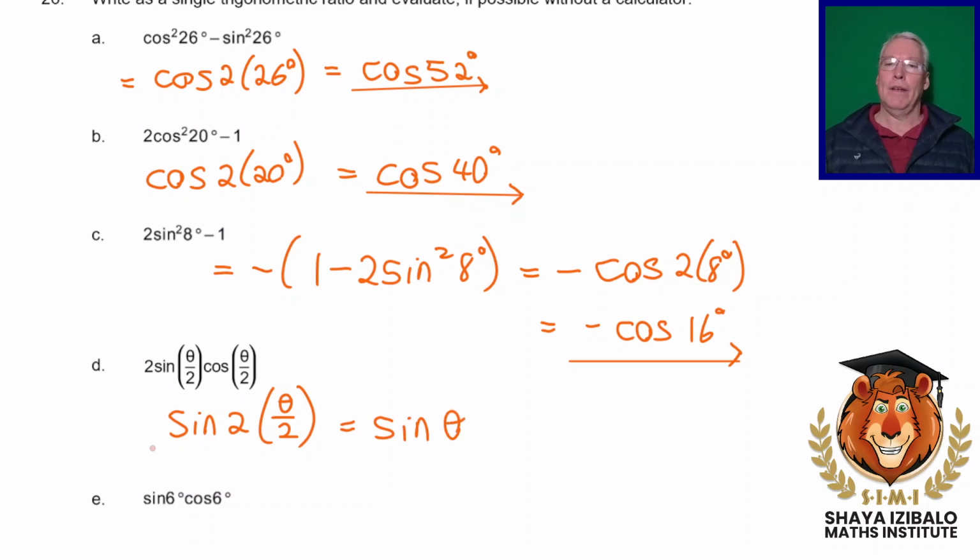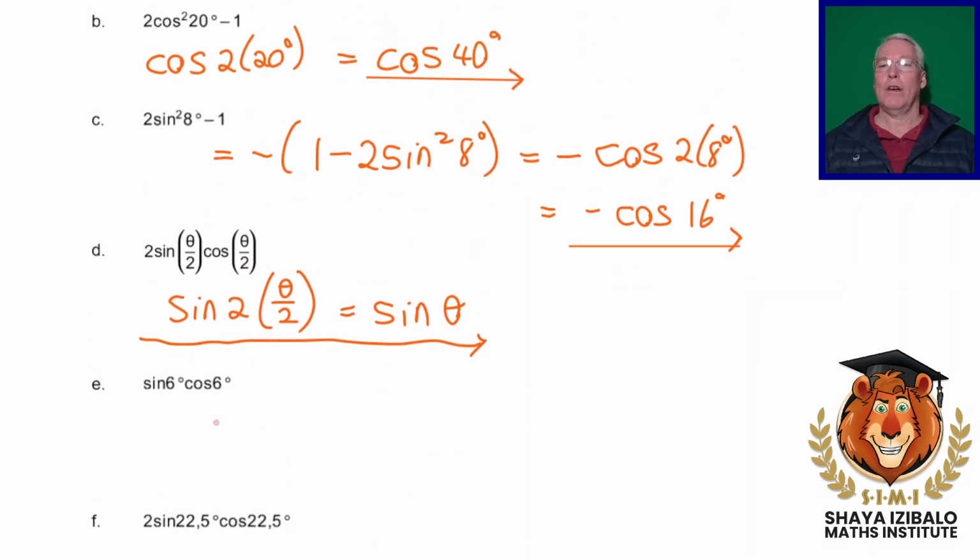The next one, what does it kind of look like? It kind of looks like the one above, all right, but it's not quite right. Okay, it hasn't got a 2 in front. Could we put a 2 in front? We could put a 2 in front if we put a half in front as well. So we're hoping that you can see that this is exactly the same as half, 2 sine 6 degrees cos 6 degrees.